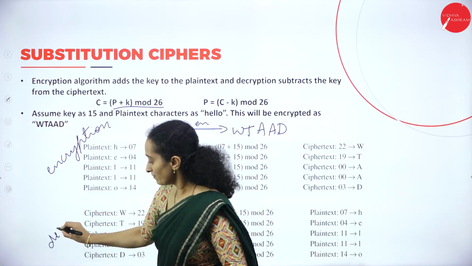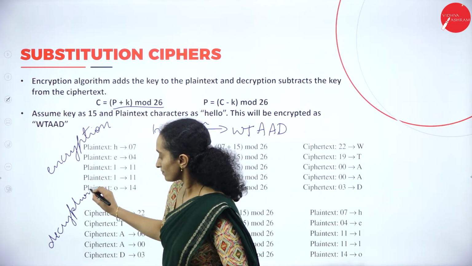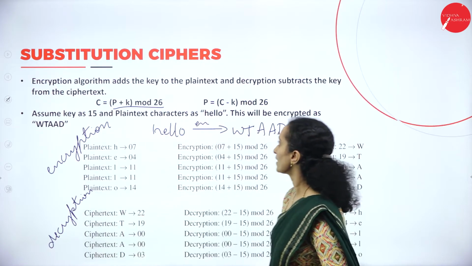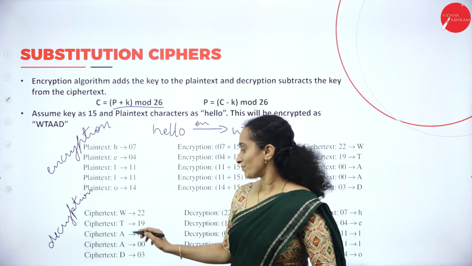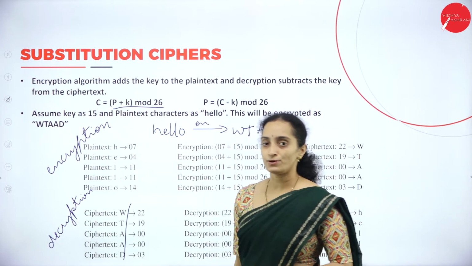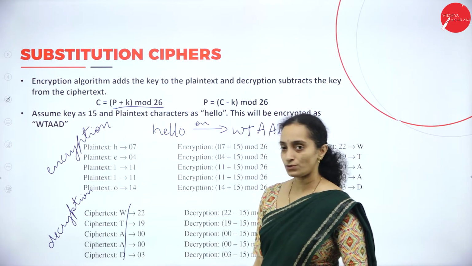Now the next thing is decrypting. At the receiver, the decryption must be done, is it not? In this, the alphabets are WTAAD. We had 22, 19, 0, 0, 3.